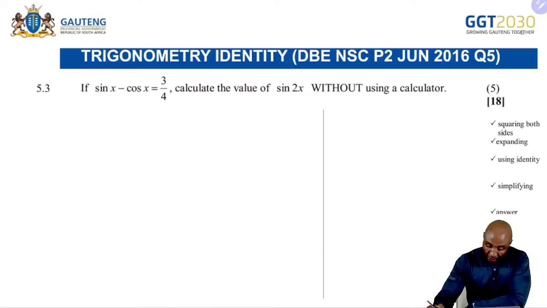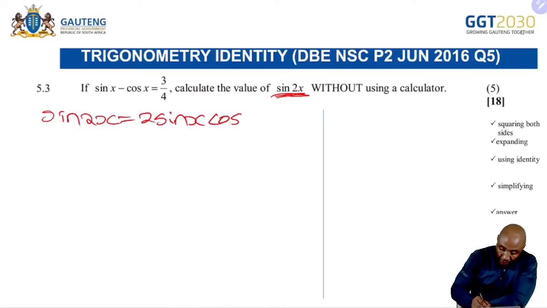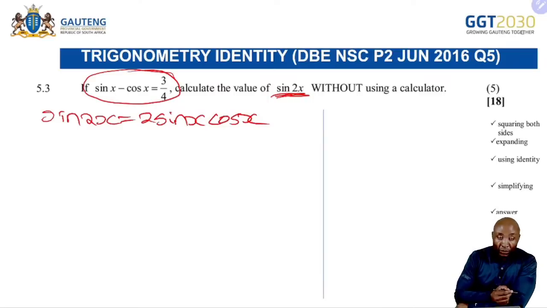And for us to be able to answer this one, it means somehow we have to come up with an identity of sine 2x, which is sine 2x is equal to 2 sine x cos x. From the information that you are given, how do we get 2 sine x cos x from there?